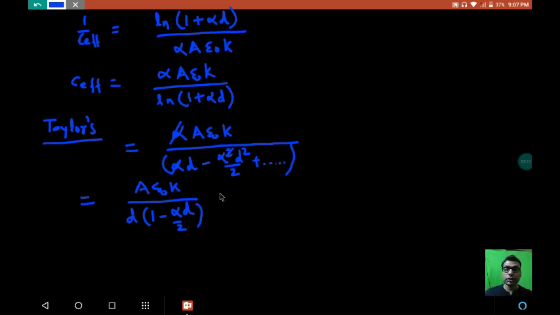So this is the expression that we came across. But still the answer is not coming. So what now? We use the binomial theorem.